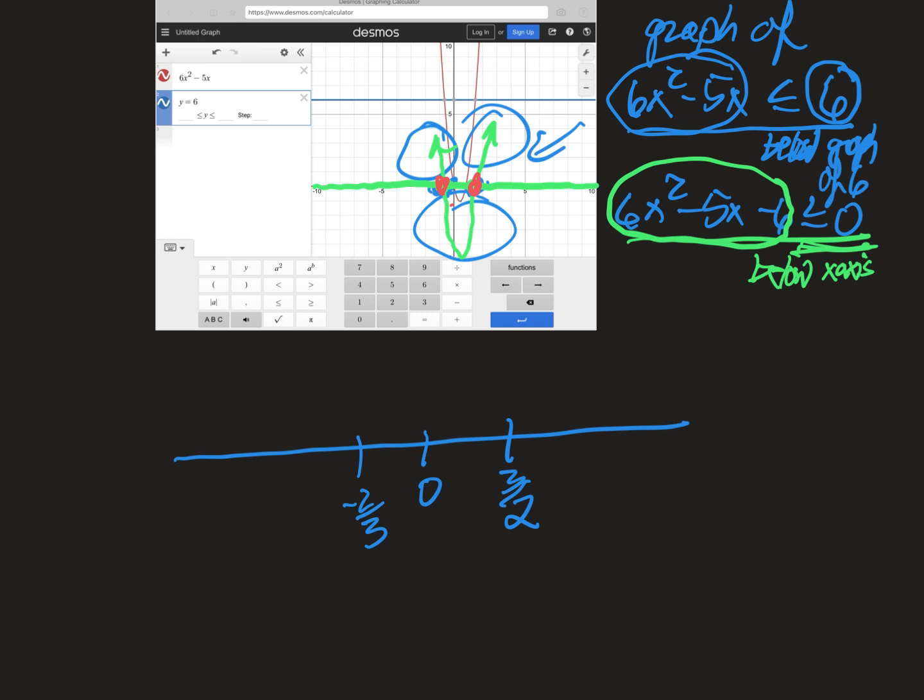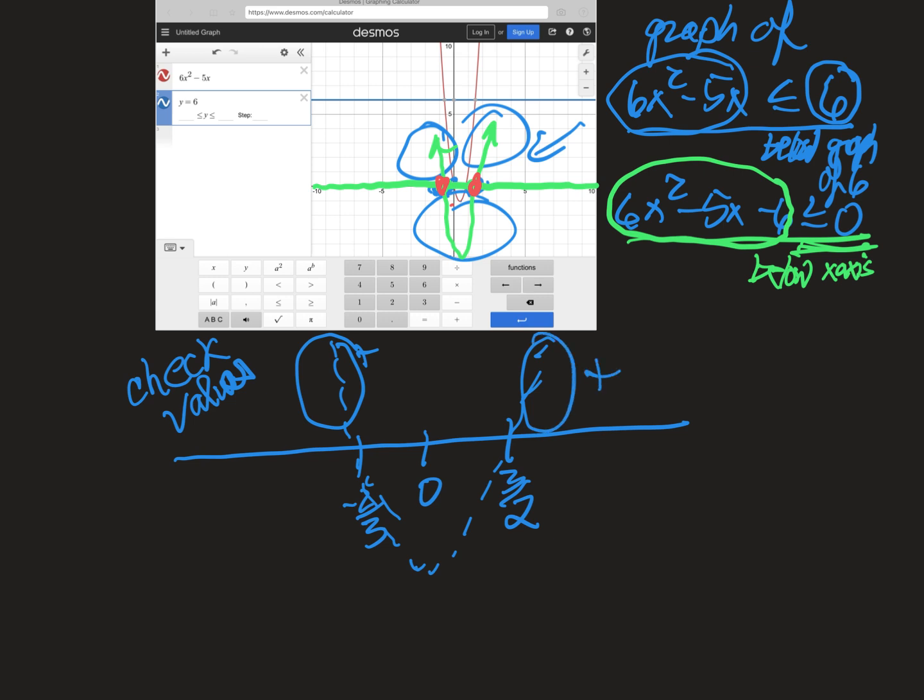And what I know is, since this is a 6x squared, a positive ax squared, I know that this is really some kind of parabola that goes through this number line in this manner. And so what I need to do is just check values to see if I get above, which means positive values, or I get a below, which means I'm getting a negative value, okay?